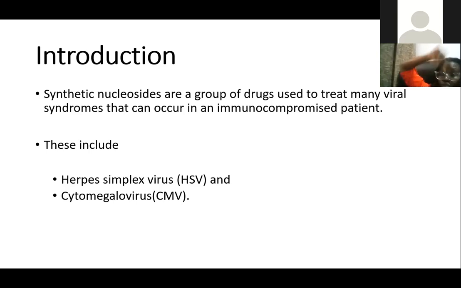They don't usually require medication, except when they occur in immunocompromised patients, whereby the immune system is not that robust. And so they need help in the form of antiviral agents to tackle these infections. So these infections include herpes simplex virus and then cytomegalovirus, which we commonly find in HIV patients.